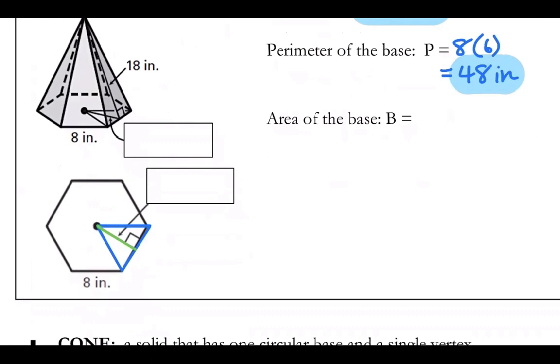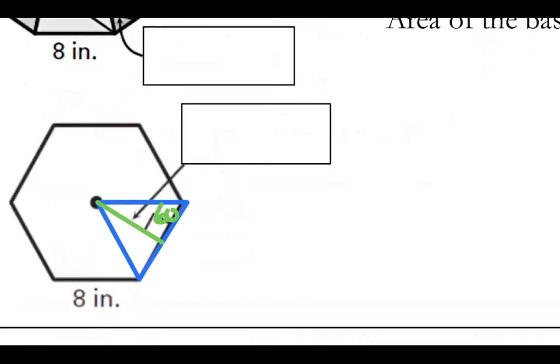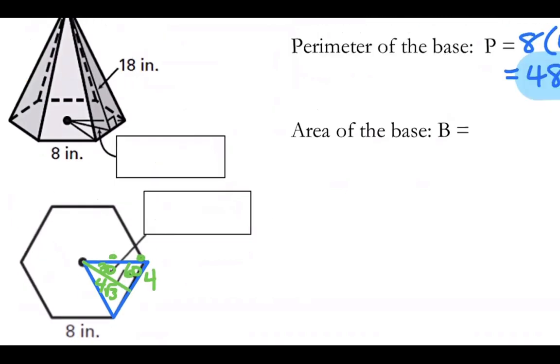This is a 60-degree angle here. When you cut that 60 in half, that'll be 30. So this is 4, and then this would be 4√3. So the apothem is 4√3 inches.